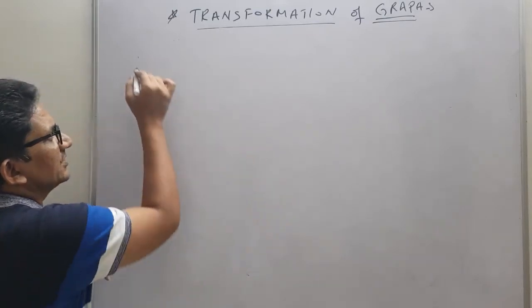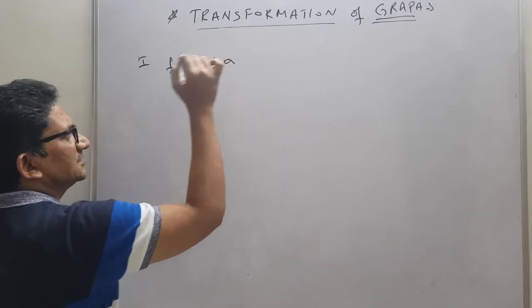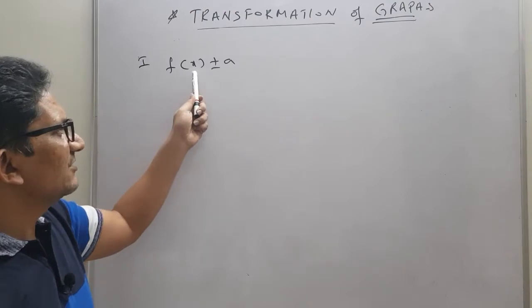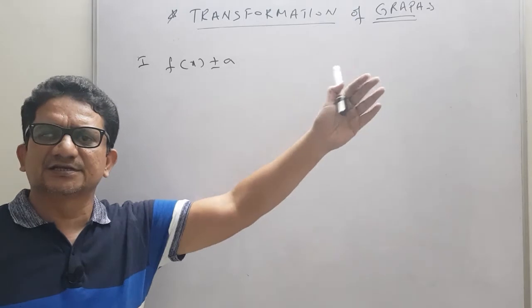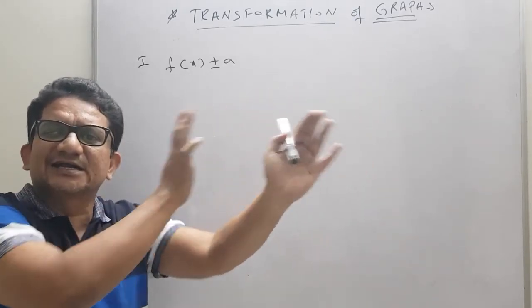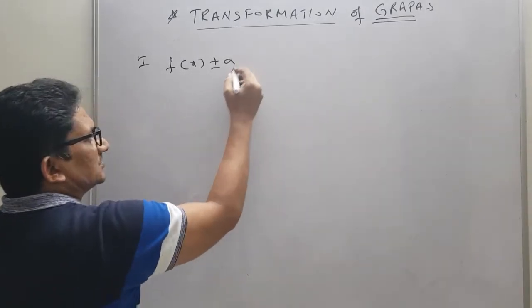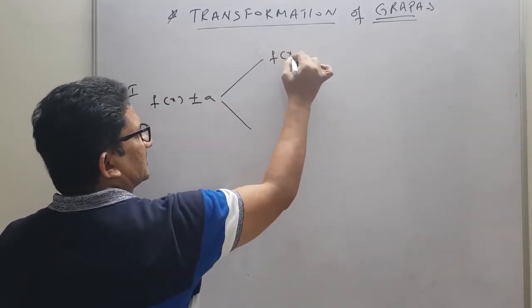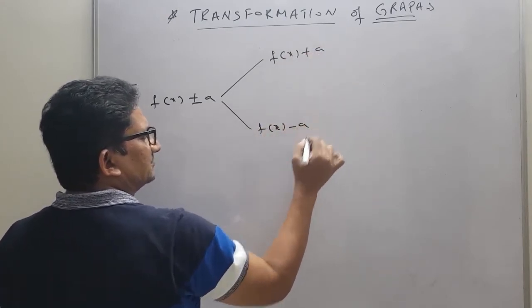The first type of transformation of a graph is f of x plus or minus a. Assume that a is a positive number. So when we have a function, it means totally outside of the function, like sin x plus 3, modulus of x plus 5, the total value of the function is added with some constant or subtracted by a constant. That means two cases. One case is f of x plus a and other case is f of x minus a.